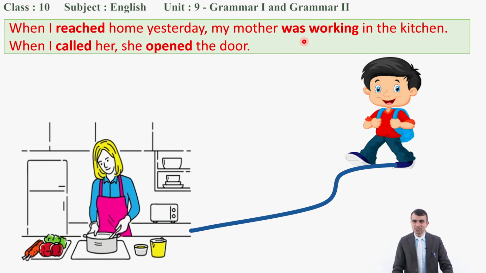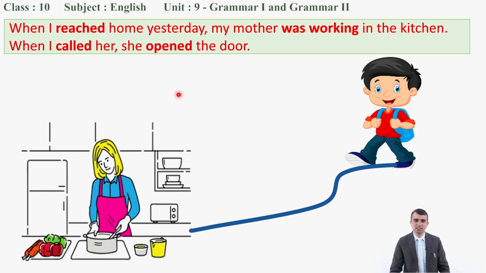So we use simple past for events, and for circumstance we use past continuous. Was or were plus the verb ing form, isn't it? Great. Remember this when you do the activities.